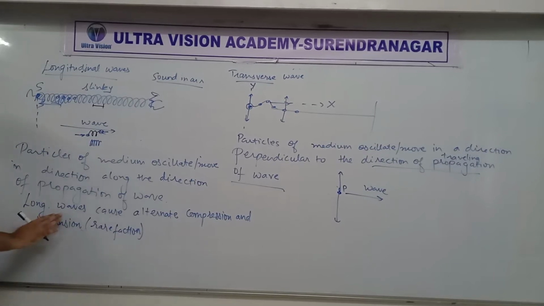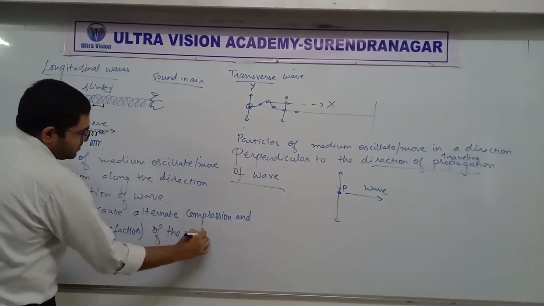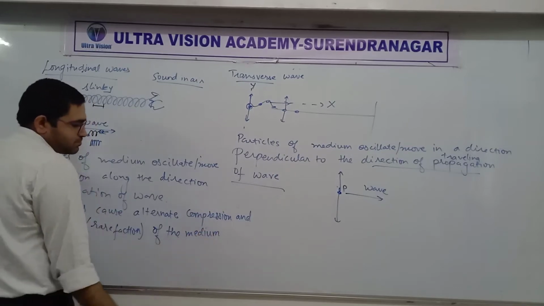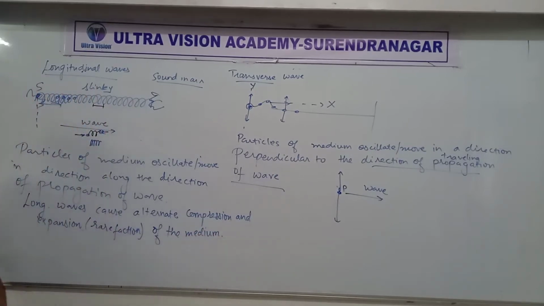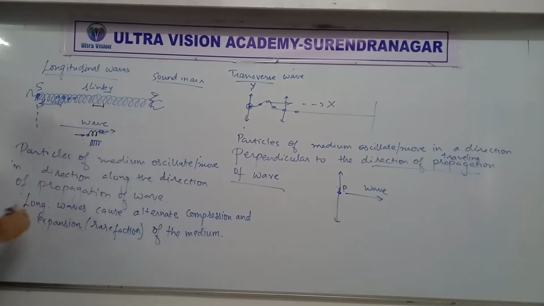So longitudinal waves cause alternate compression and expansion of the medium. What that means is some part of the spring will get compressed, some part will get elongated, some will get compressed, some will get elongated. Did you understand what we have written here?